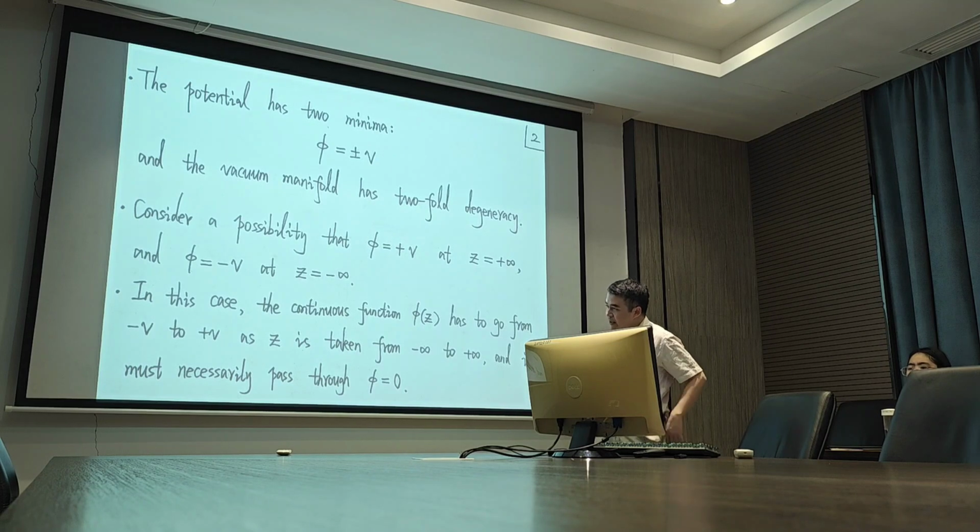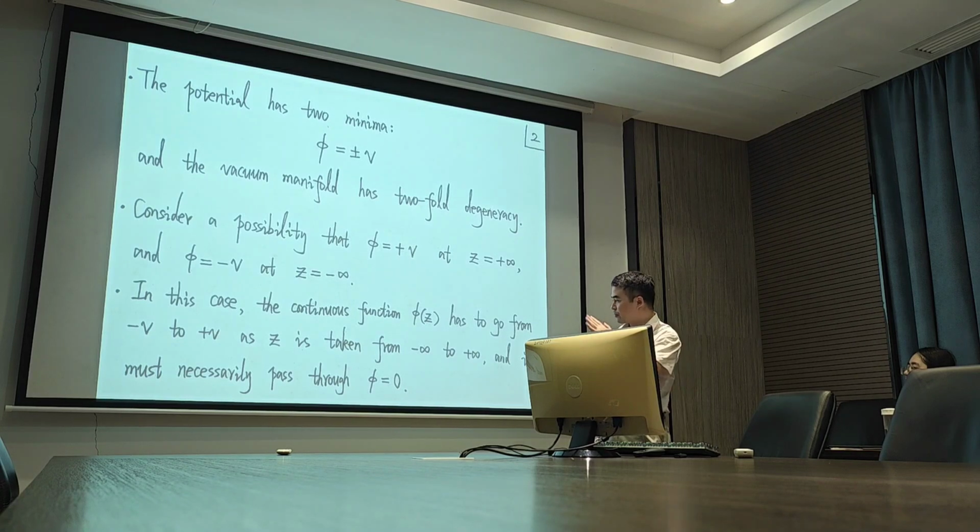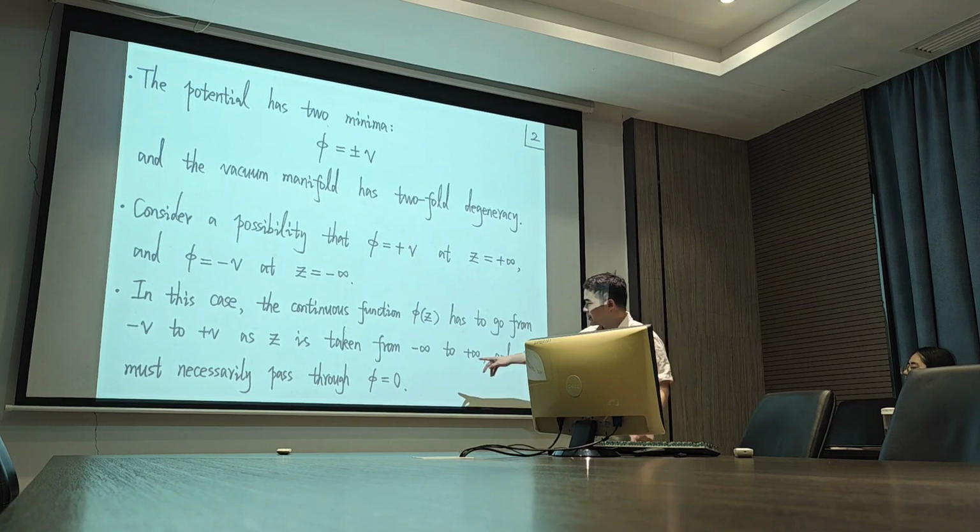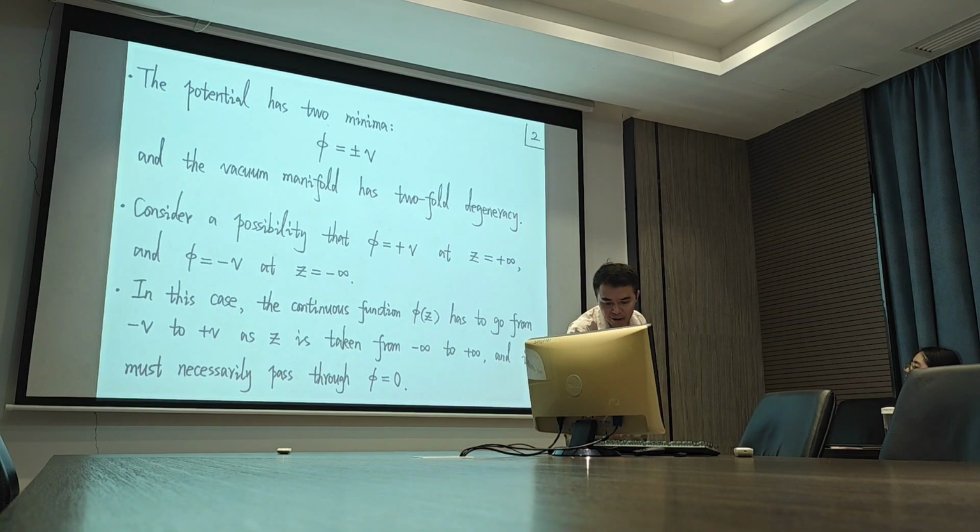So it must necessarily pass through the horizontal axis.